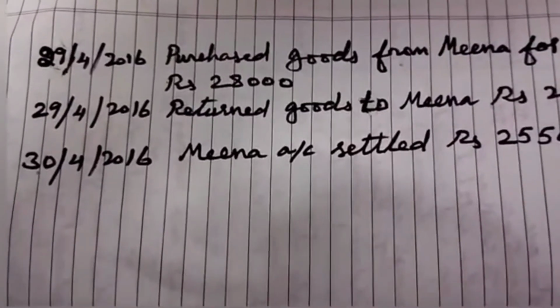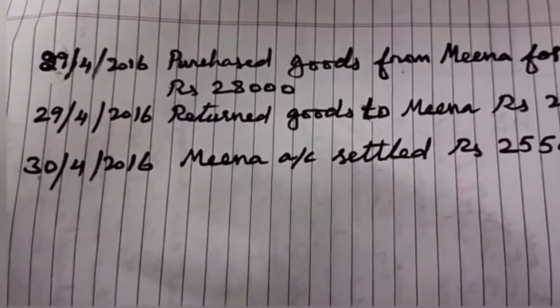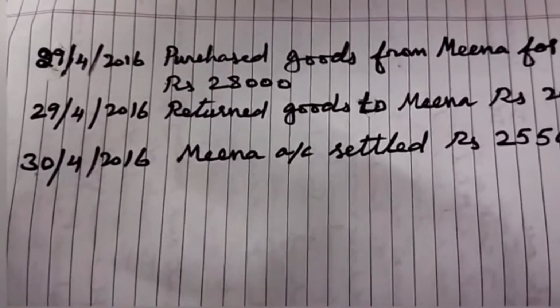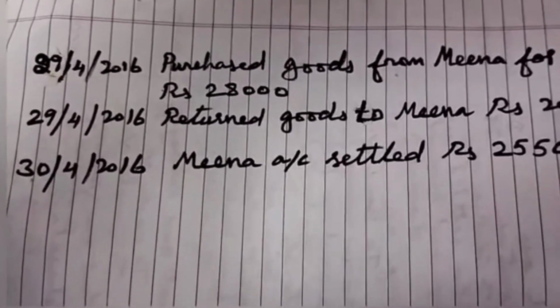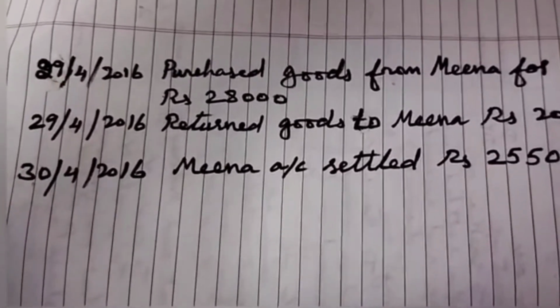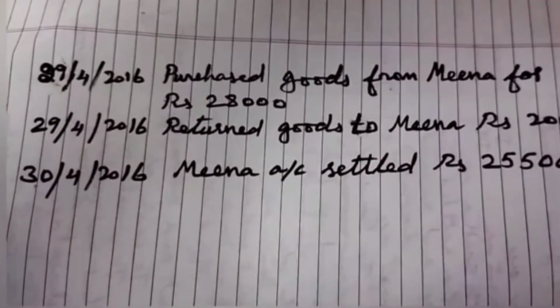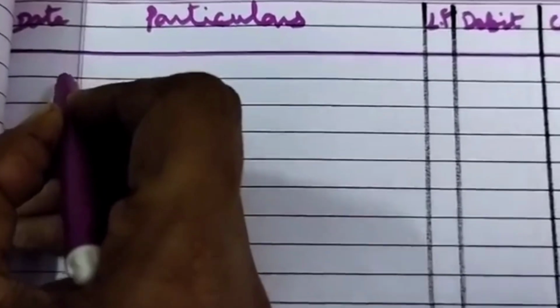The next transaction is purchase goods from Meena for rupees 28,000 on 29th April 2016. For this one we can prepare the journal. What is the date? 29th April. So we have to write 29 here.